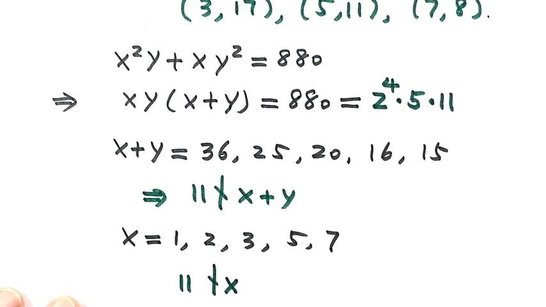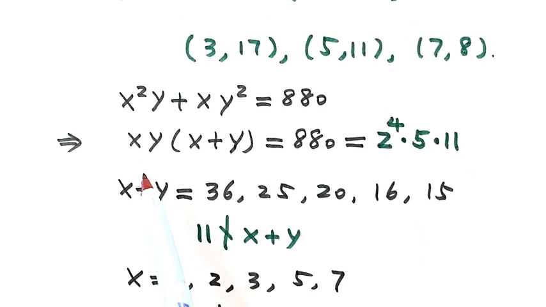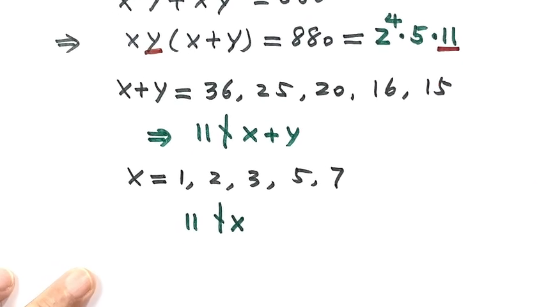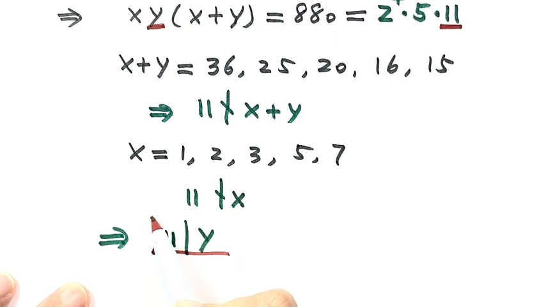So x and x + y are not divisible by 11, which means y must be divisible by 11. So we have the conclusion that y is divisible by 11.